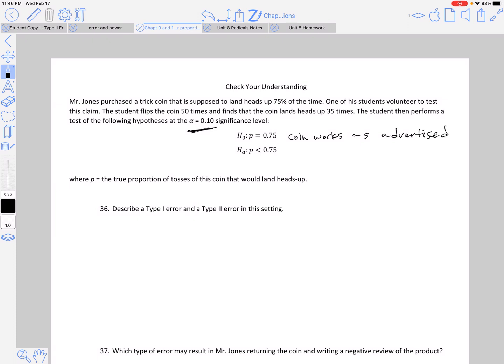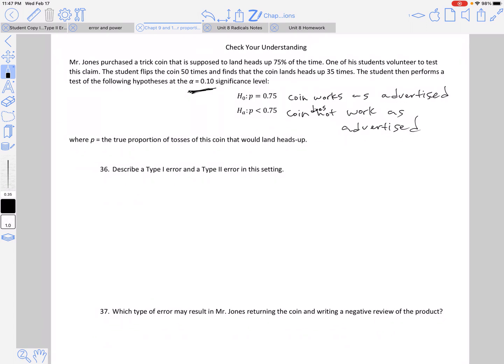Now the alternative is saying the coin does not work. It's landing on heads less than 75% of the time. Coin, wow, does not work as advertised. Okay, so remember, P is the true proportion of tosses of this coin that would land heads up.